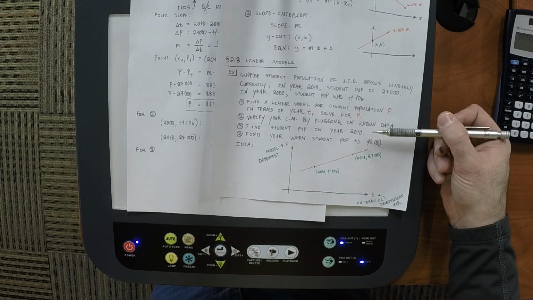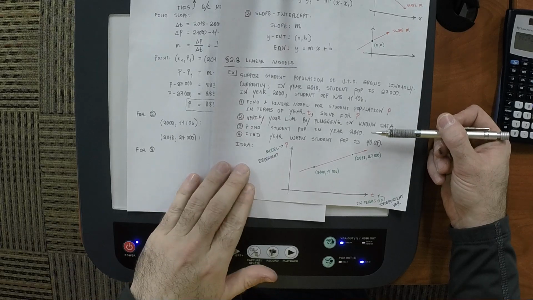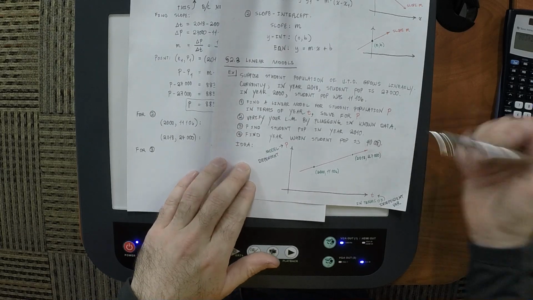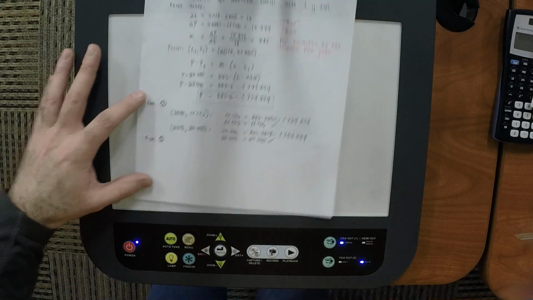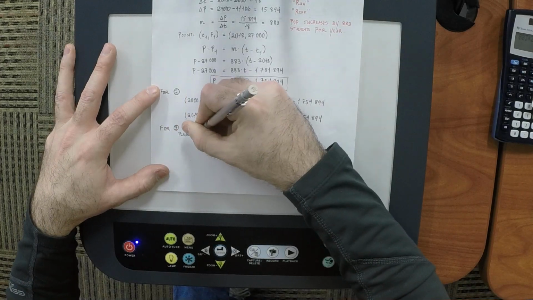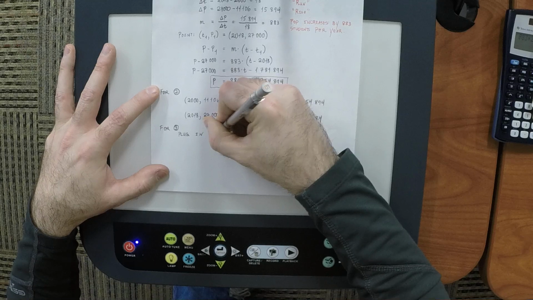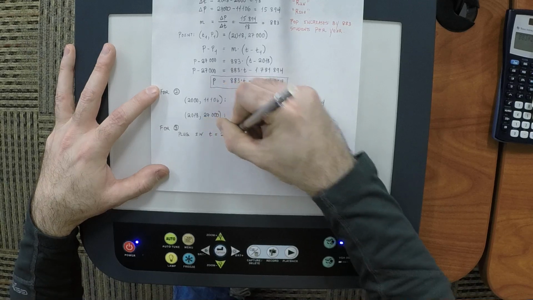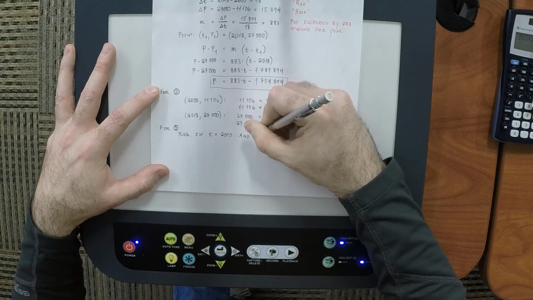Okay, plug in t equals 2010 and do what? And solve for p. Okay. Plug in t equals 2010 and solve for p.